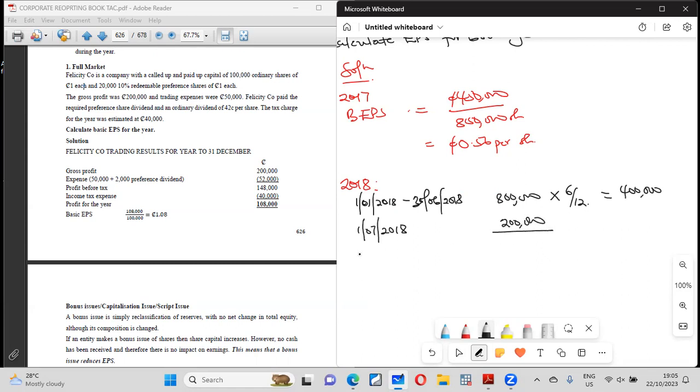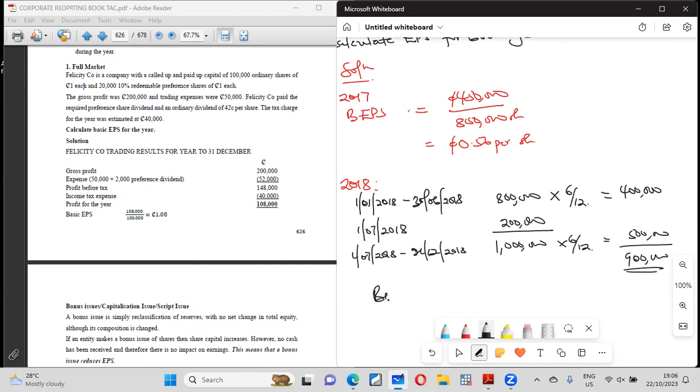So from July 2018 to the end of the year, which is 31st December 2018, we had 1 million shares. And that 1 million shares also existed for 6 months, so that will also be 500,000. So here gives you 900,000.